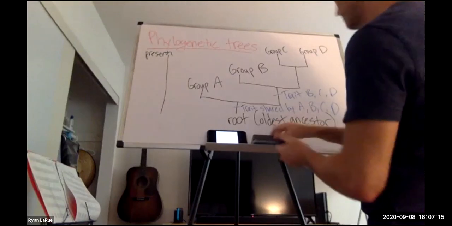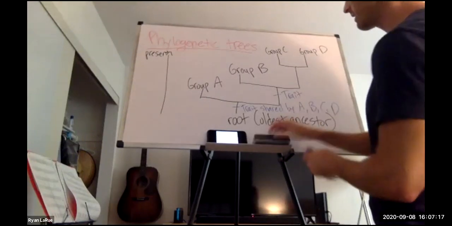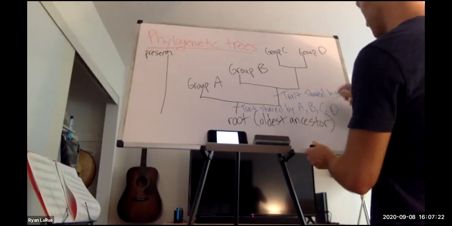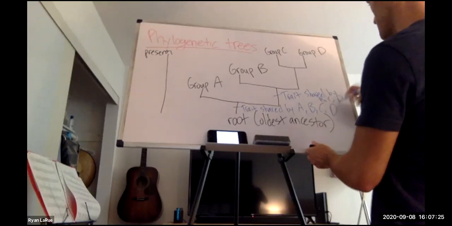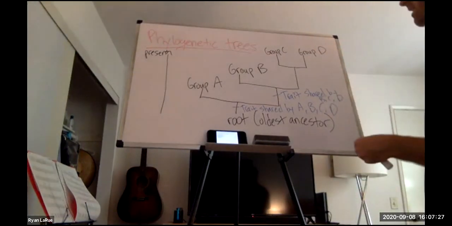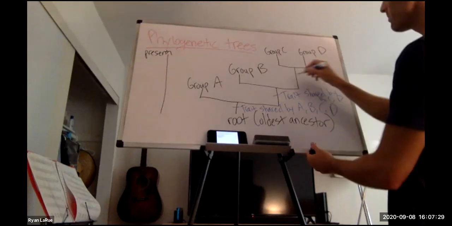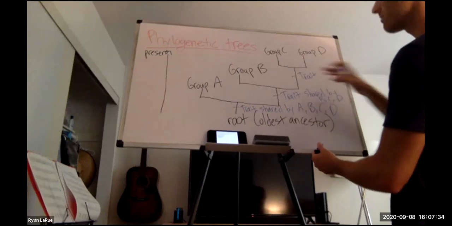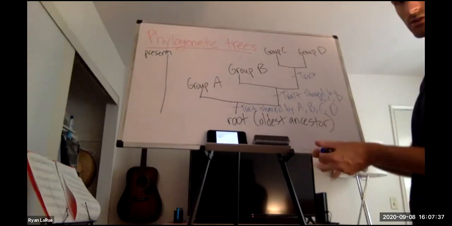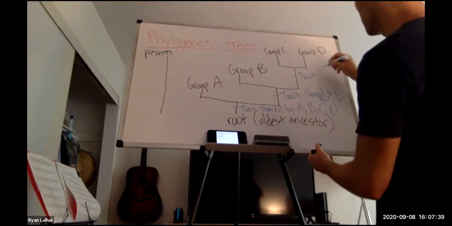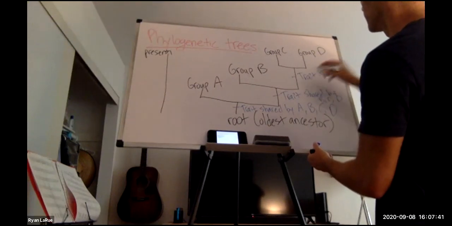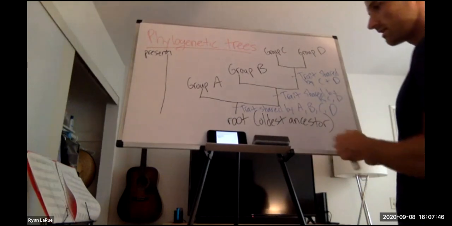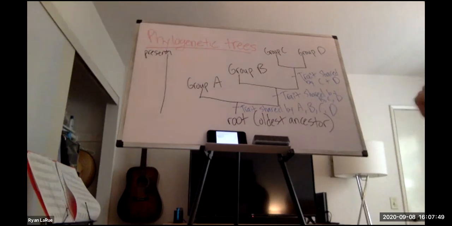So trait shared by B, C, and D, but not A. And then group B branches off and we have the emergence of a new trait that C and D have, B does not. Remember, this is throughout time as evolution is occurring. So trait shared by C and D. And that's how the trees work.